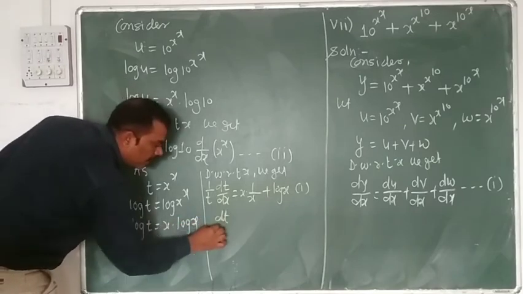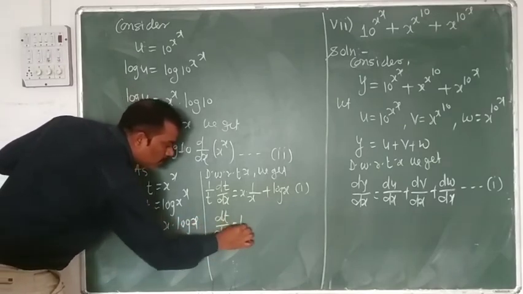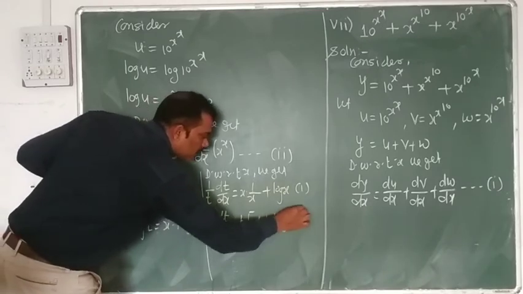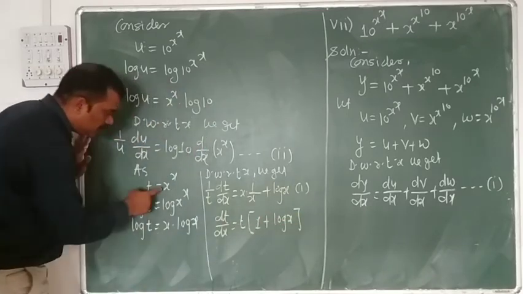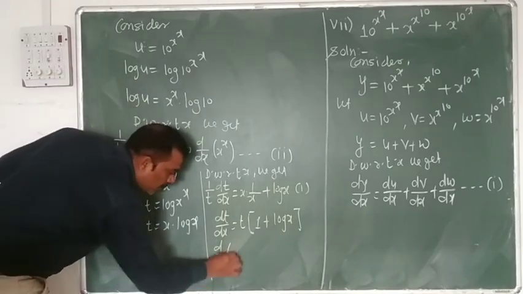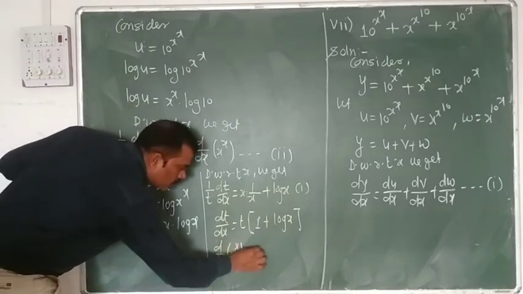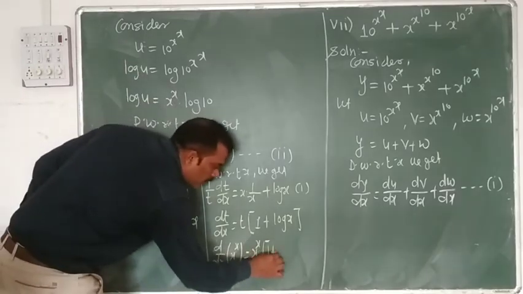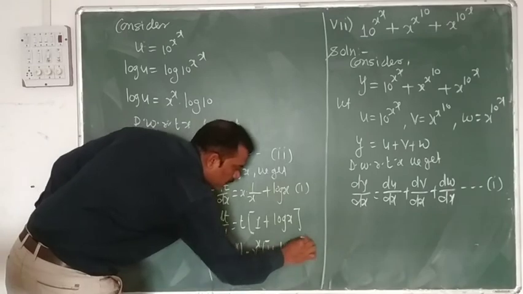That is dt by dx is equal to t into bracket 1 plus log of x. What is t? t is x raised to x, that is d by dx of x raised to x is equal to x raised to x into bracket 1 plus log of x.